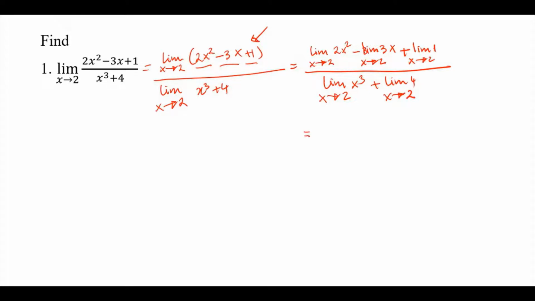If we do that further, we get, notice how the first limit here has a constant, so we're going to take that constant out according to the properties.